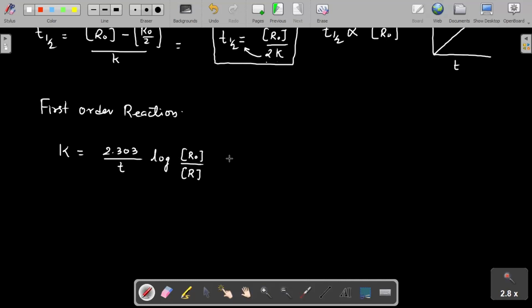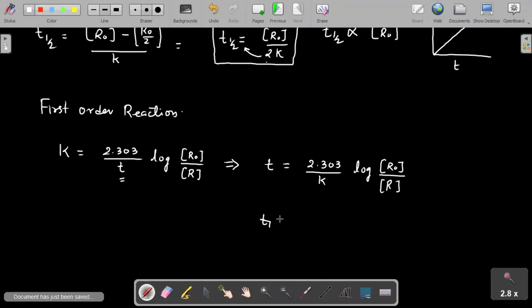From this you can also get t. By rearranging, t is equal to 2.303 upon K log of initial concentration upon concentration of the reactant at some time t. So from this we can calculate t half.